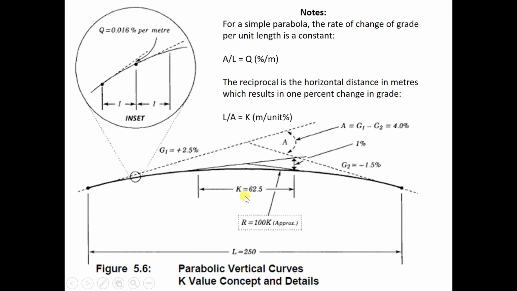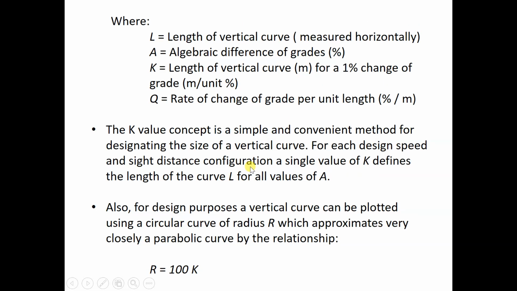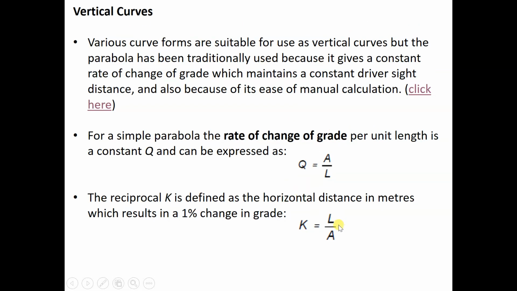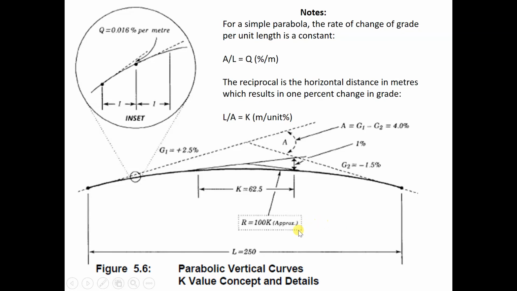And then K is equal to L divided by A, isn't it? K is equal to L, which is 250, divided by 4. That will give us K equal to 62.5.